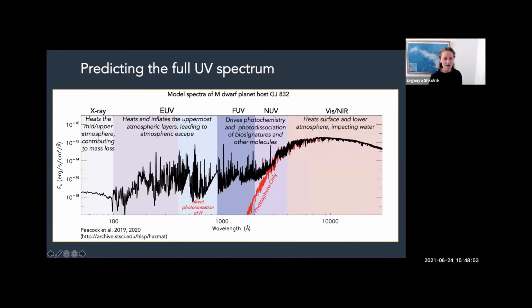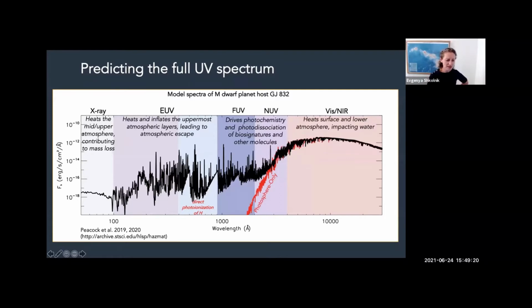And using our data, we build new upper atmospheres onto these models so that they can reproduce the temperature pressure profile of the chromosphere, the transition region, and soon to be the corona of these M stars. And these are the really key wavelength ranges, as I pointed out, where the EUV heats and inflates the upper atmosphere, and the far UV and near UV drive the photochemistry.